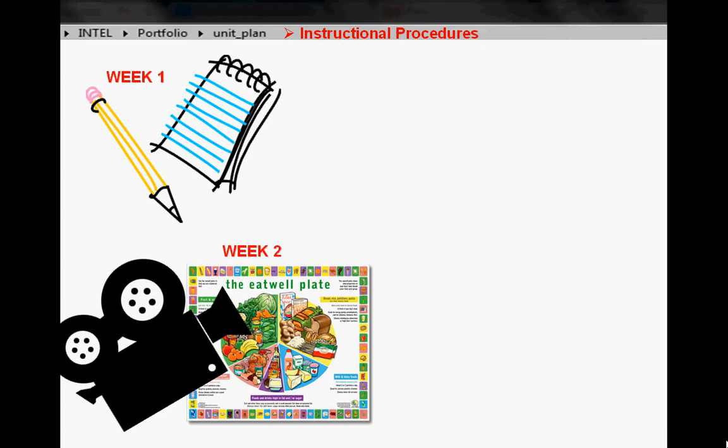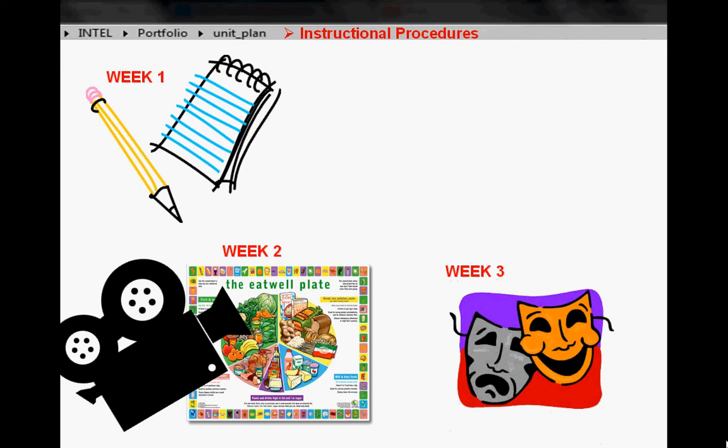For the poster, the students will work in groups. Each group carries out research on healthy eating tips and visualizes what they have found in the form of a poster.